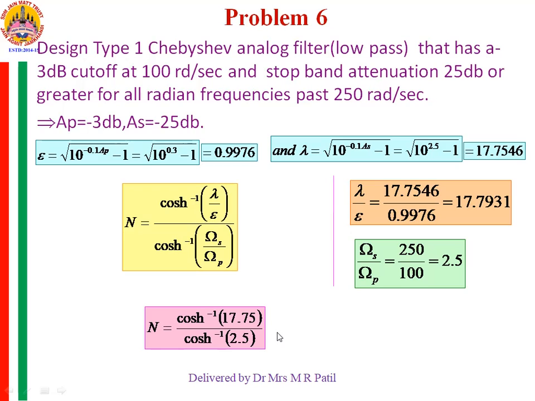So are you doing it or not? I will get this value of n is equal to 2.279. Is this cosh inverse function available in your calculator or not?